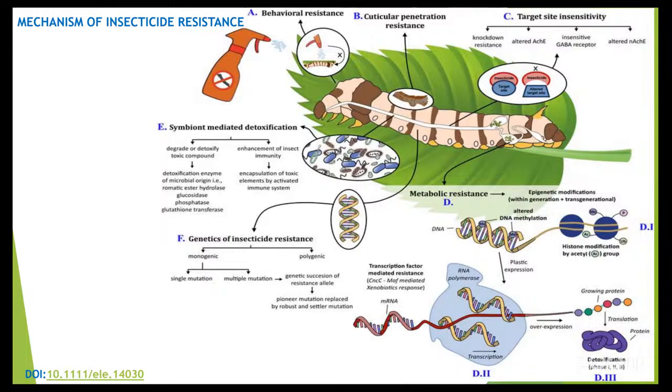So it is called pseudo resistance. When they sense the danger, they escape it and they avoid that particular path. So, in that case also, it will not encounter the toxic dose. And this mechanism of resistance has been reported for several classes of insecticides, including organochlorines, organophosphates, carbamates, and pyrethroids.